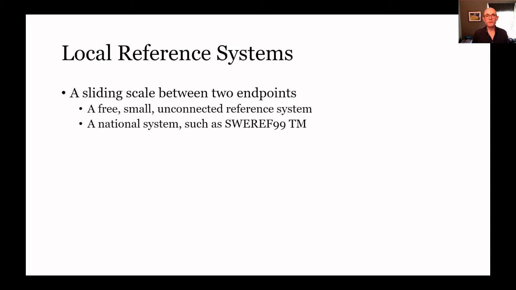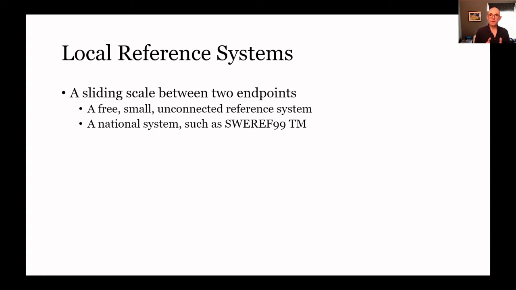If we look at local reference systems, they exist on a sliding scale. As I've mentioned previously, we have coordinate systems that are entirely local. They don't care about the rest of the Earth. They just sit there in reference to some local feature, such as a house or a city. And then others that are connected to everything else, say within a country or even on the entire Earth. They're still locally relevant.